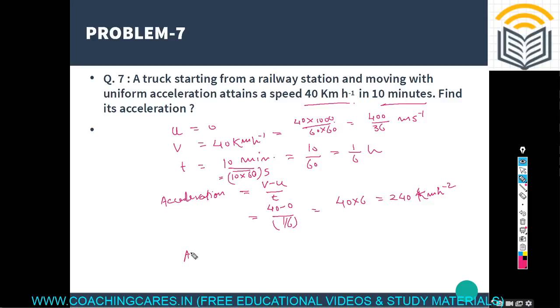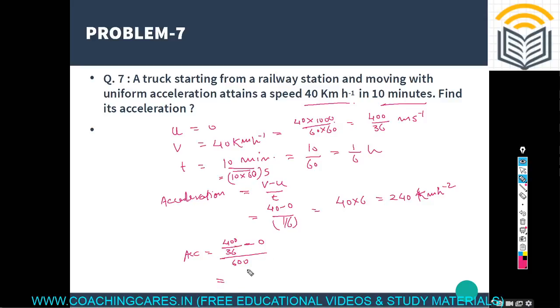And in that case, acceleration will be equal to v, which is now 400 divided by 36, minus u, that is 0, the whole divided by t, which is 10 into 60 in seconds, so that will be 600.